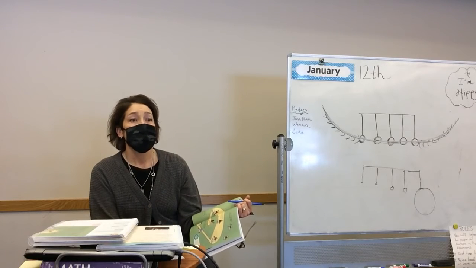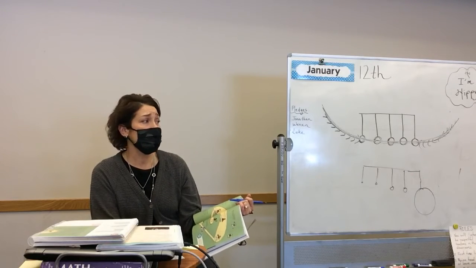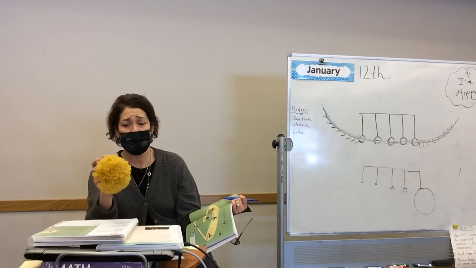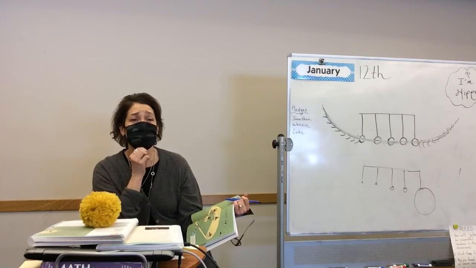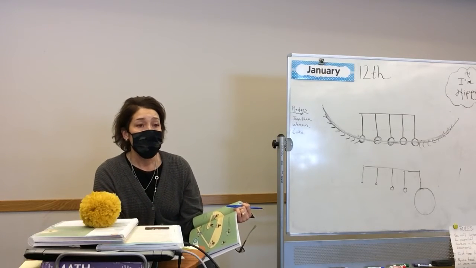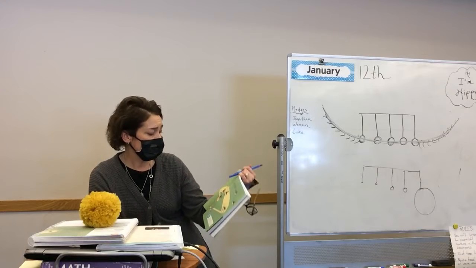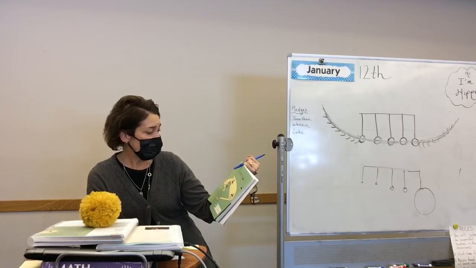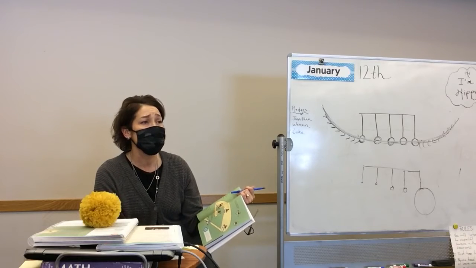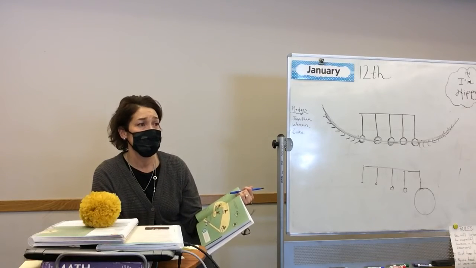Yes, for the most part, depending on the hitter. If I'm hitting it, you might be able to throw it further than I can hit it. But if you get a professional baseball player who hits a home run versus somebody throwing the ball from pitcher to third base, that's a significant difference in distance, correct?